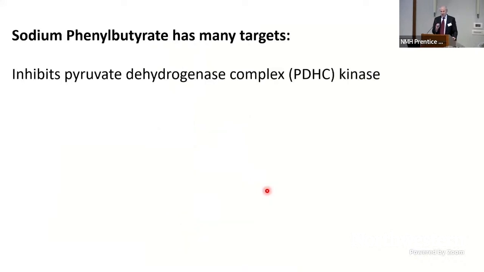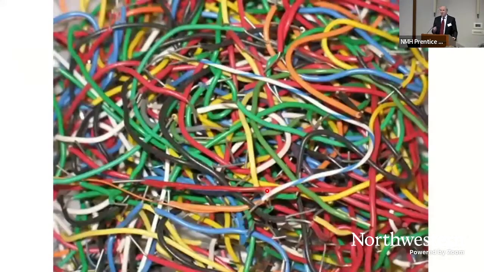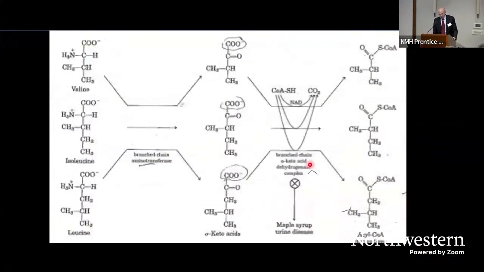Sodium phenylbutyrate has many targets. In addition to the pyruvate dehydrogenase complex, it also affects another pathway. In this pathway, branched-chain amino acids such as isoleucine and valine first have their amino group clipped off, you get a keto acid, and then the keto acid is decarboxylated.